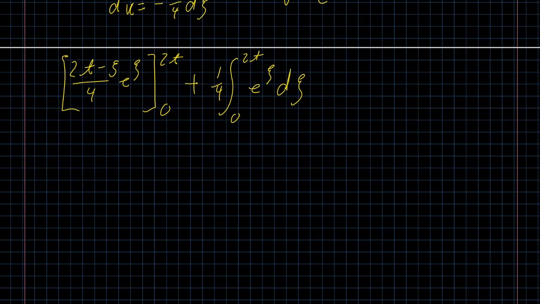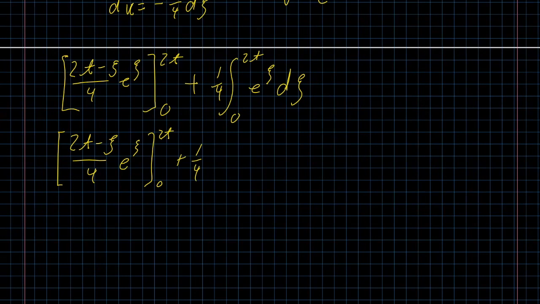How you continue from here is a little bit of personal preference. I'm going to leave this first bit as limits to be evaluated, and integrate the second bit first. The integral of e to the xi is e to the xi.